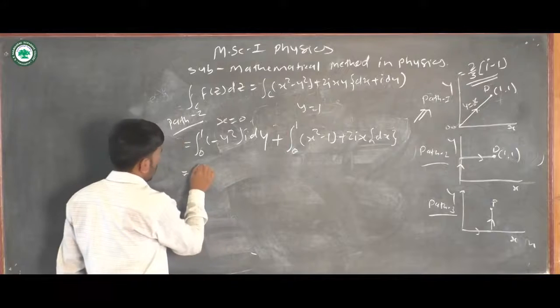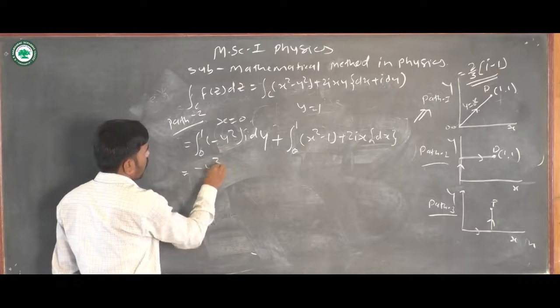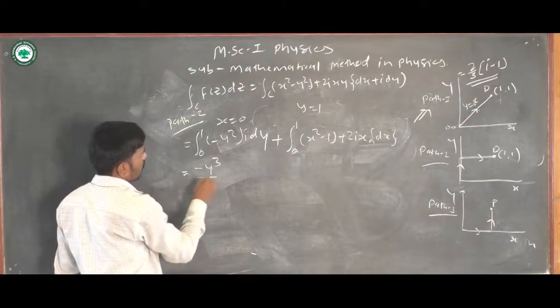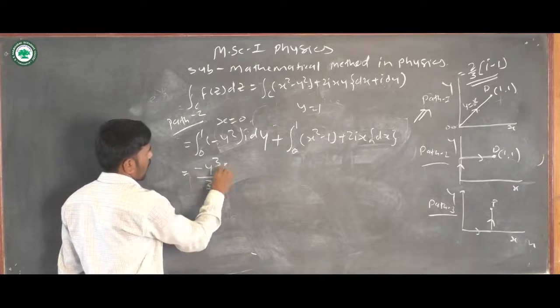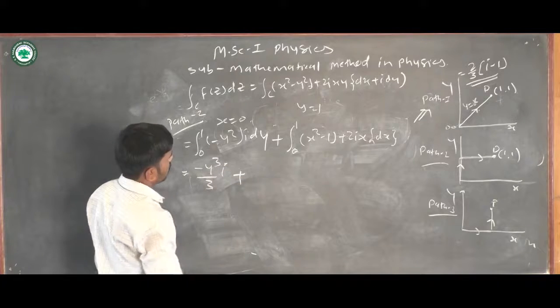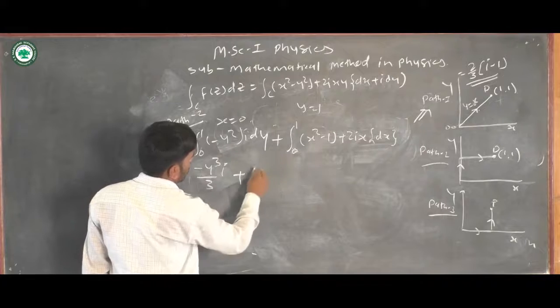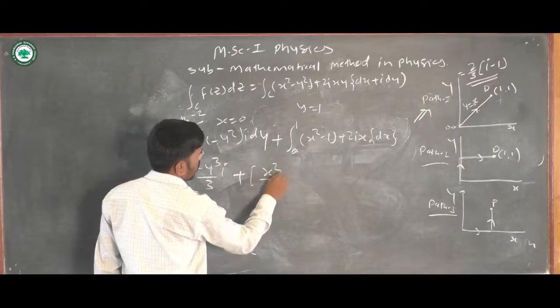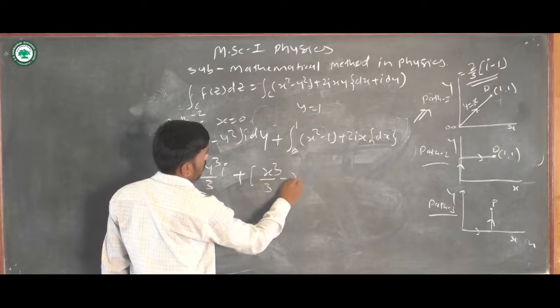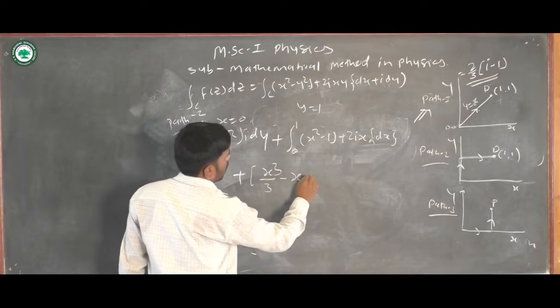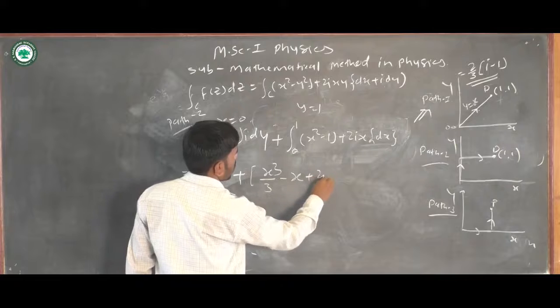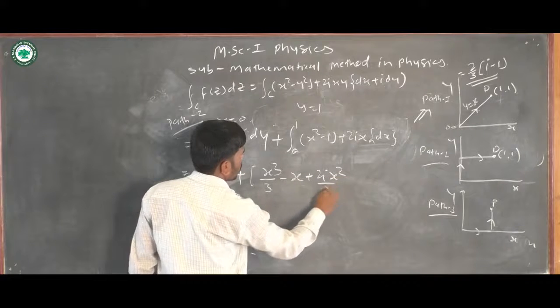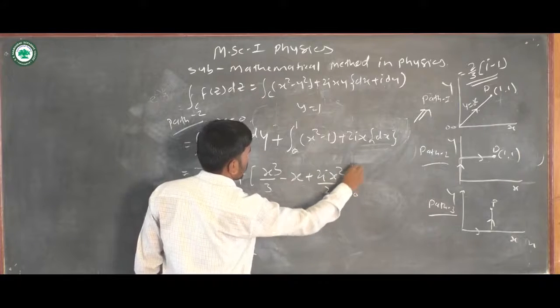So minus y cube by 3 into i, plus x cube by 3 minus x, plus 2i x square by 2, from 0 to 1.